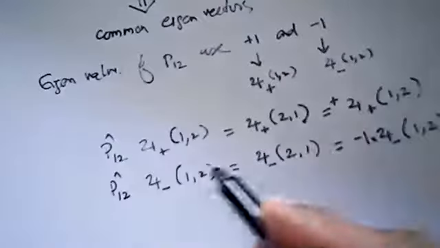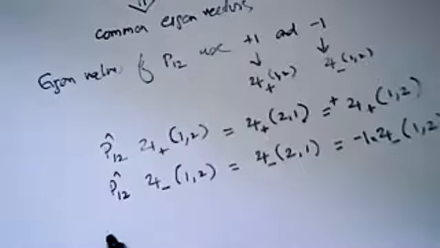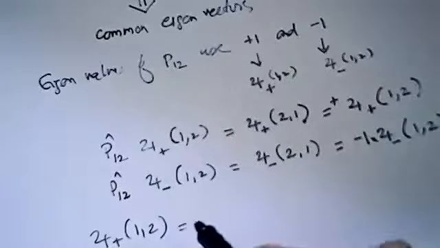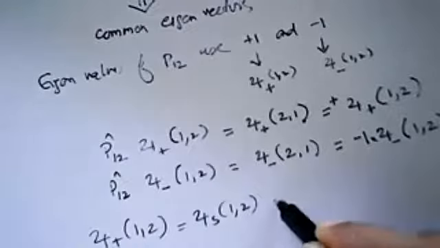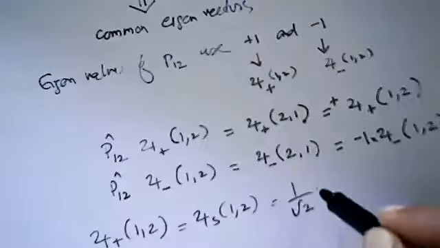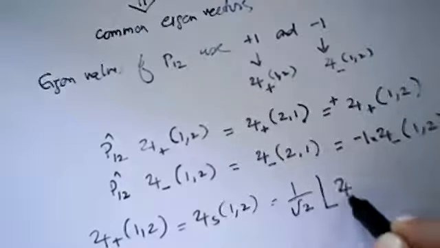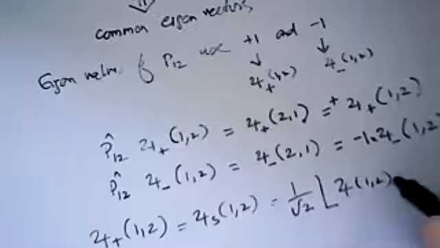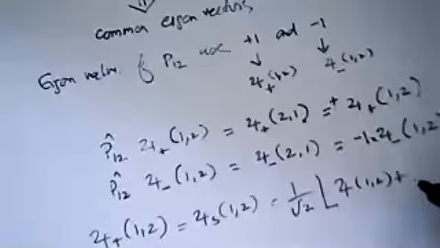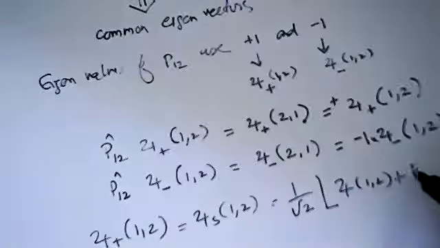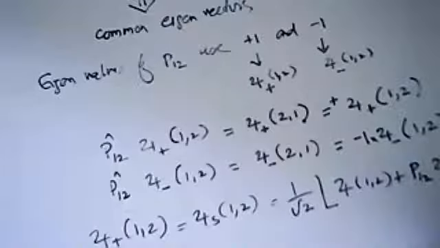So comparing these results, you can call psi plus 1, 2 as psi s 1, 2, which is nothing but 1 by root 2 into psi of 1, 2 plus psi of 2, 1. But psi of 2, 1 you can write as P12 acting on psi of 1, 2.